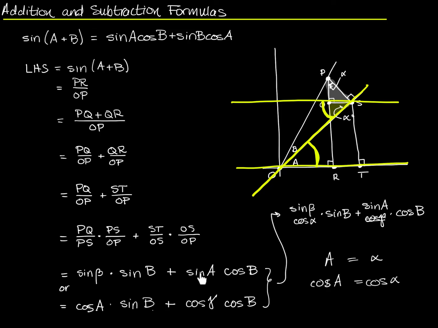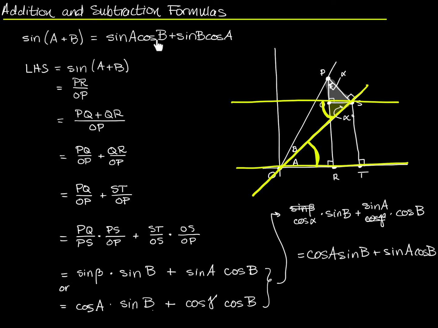And I've already chosen sine A. So I'm just going to choose, first of all, cosine alpha over sine B, and then I'm going to rename it cosine A. So ultimately I have that this is equal to cosine A sine B plus sine A cosine B.